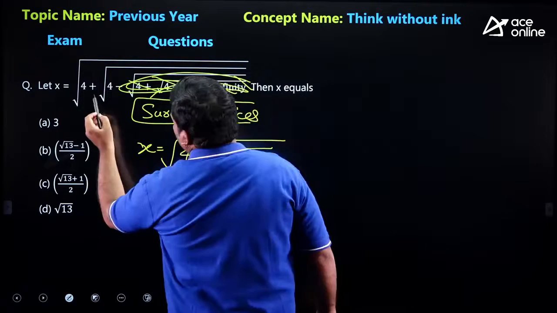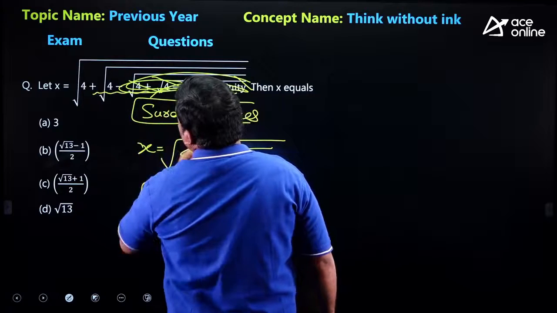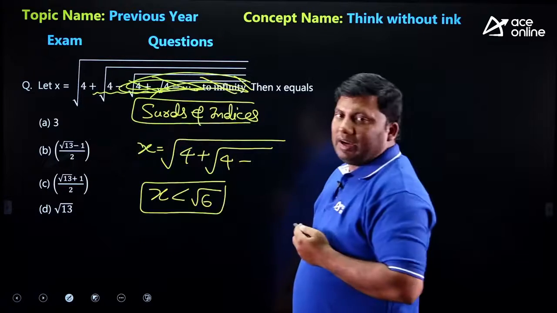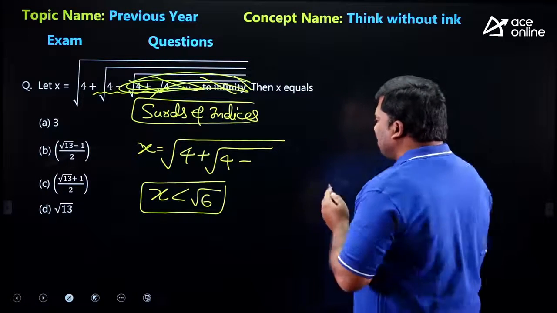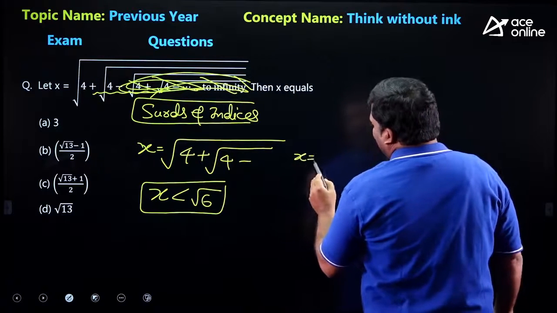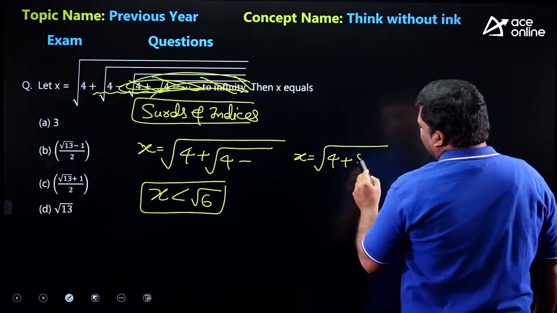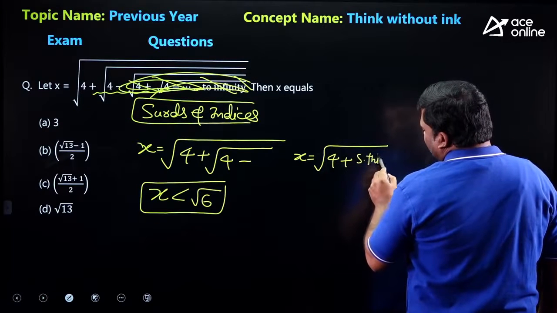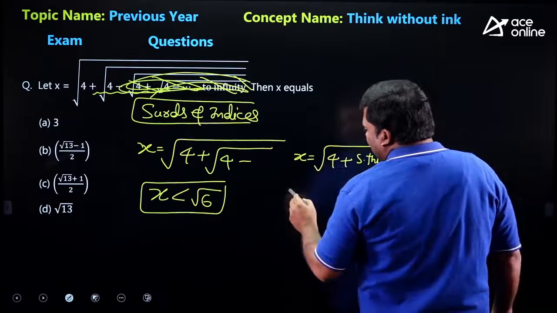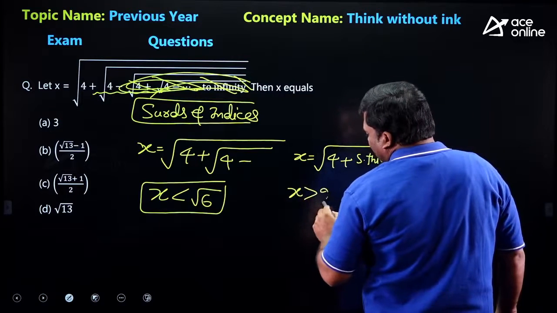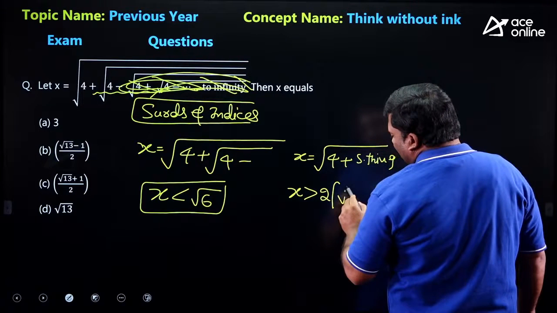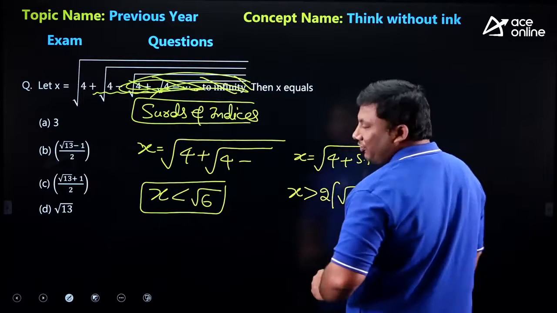If I go one more step, x is equivalent to root of 4 plus something positive. Root of 4 plus a positive means x is greater than 2, and greater than 2 can be written as root 4.